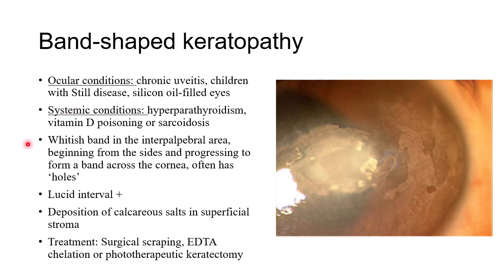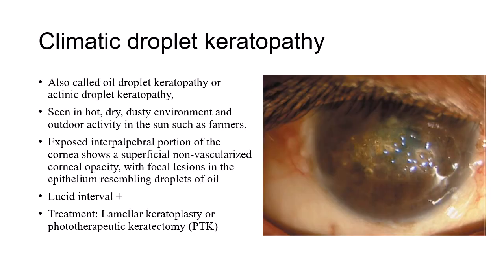It leads to the appearance of a whitish band in the interpalpebral area. There will be a lucid interval. There is deposition of calcium salts in the superficial stroma. That is what this band is about. And the treatment consists of surgical scraping or chelation using EDTA, which is the chelating agent for calcium, or phototherapeutic keratectomy, because these deposits are quite superficial.